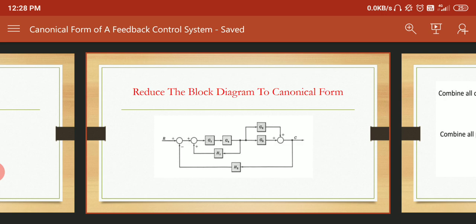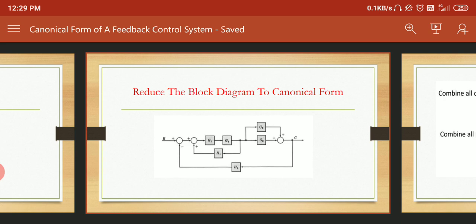Third, move a summing point ahead of the block. Fourth, moving a pickup point behind the block. Fifth, moving a pickup point ahead of the block and eliminating a feedback loop. And the last one is swapping two summing points.